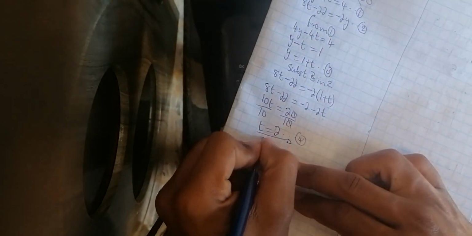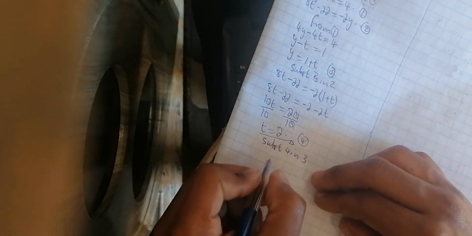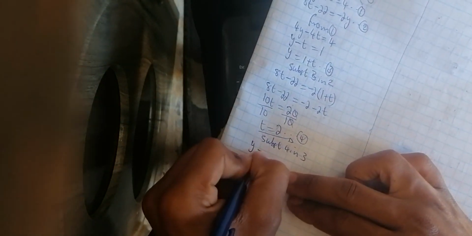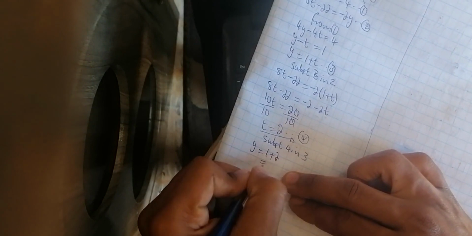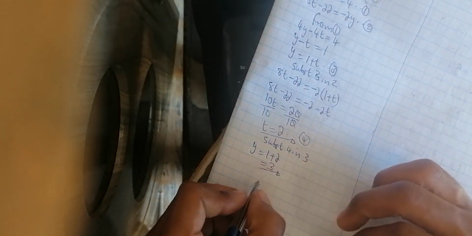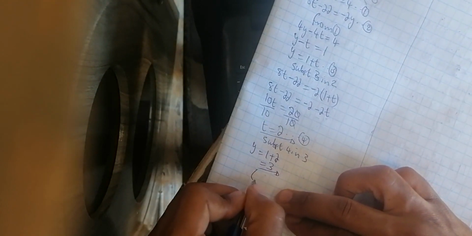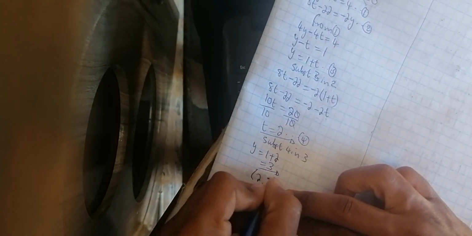And you would want to substitute 4 in 3, where y is equal to 1 plus 2, which would give you 3. So the point where they collided, when t was 2, the value of y was 3.